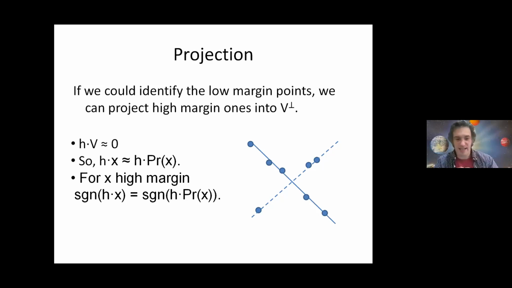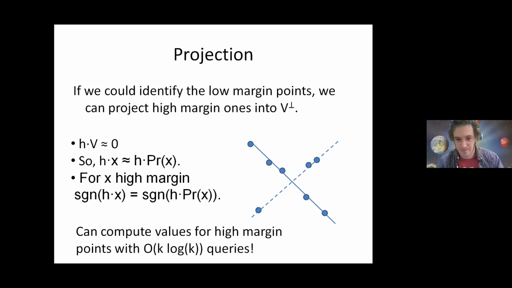And so that says that H dot X is very, very close to H dot the projection of X onto V perp. And in particular, this means that if X was already high margin, the sign of H dot X should be the same as the sign of H dot the projection of X.